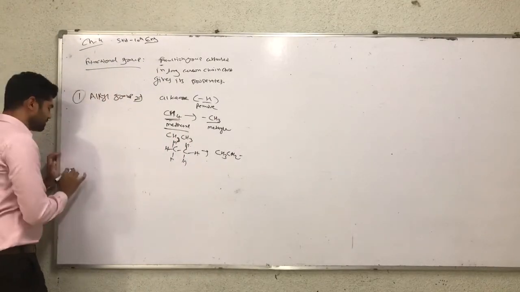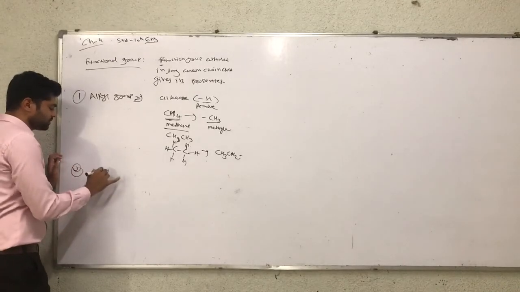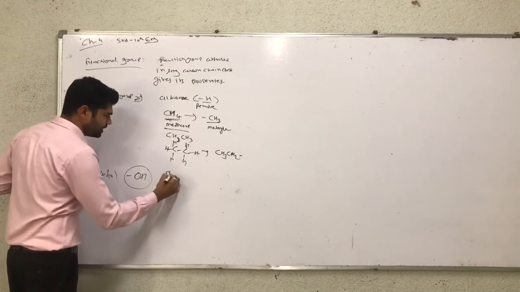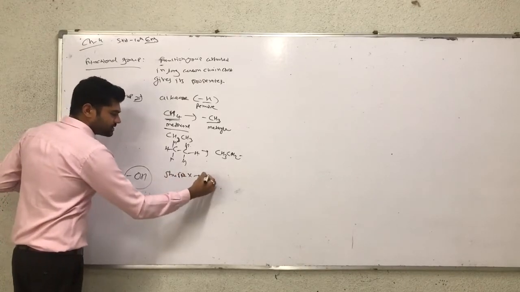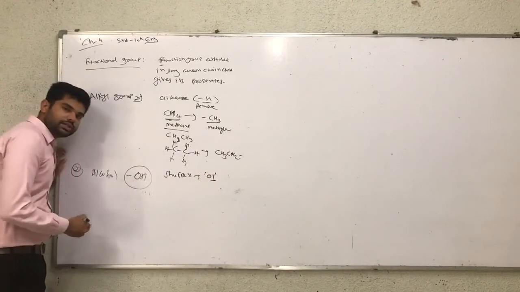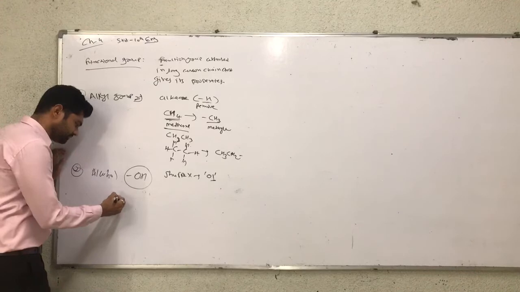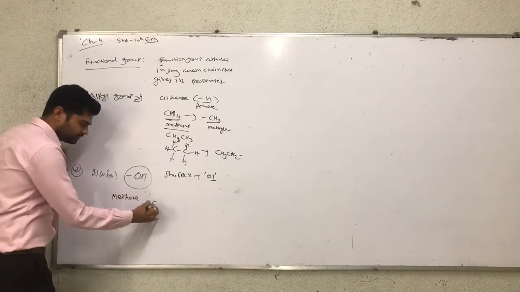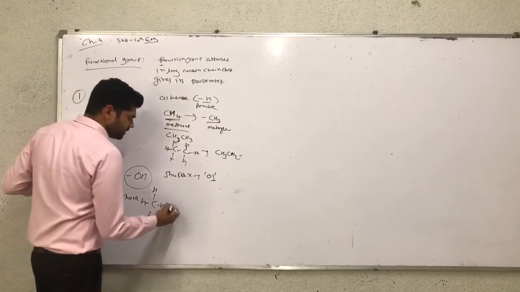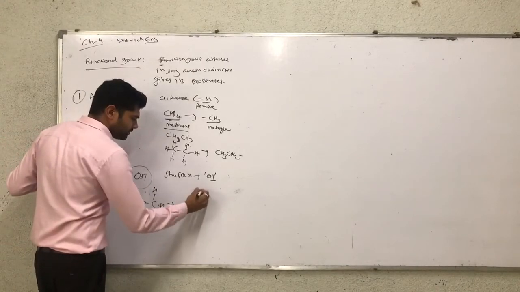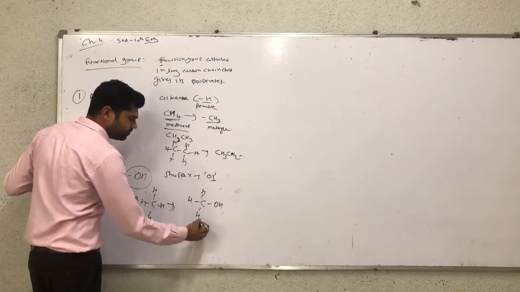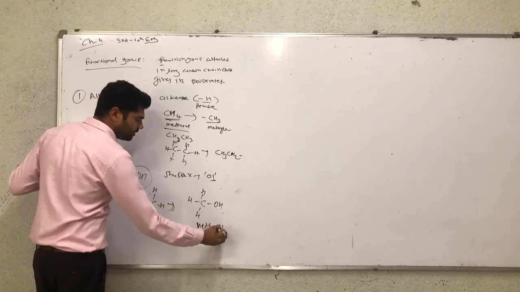First functional group is alkyl. Second, alcohol. Functional group is OH and suffix is OL. For example, one carbon structure is methane, CH4. In methane, the functional group OH attaches, therefore methane is converted into methanol.